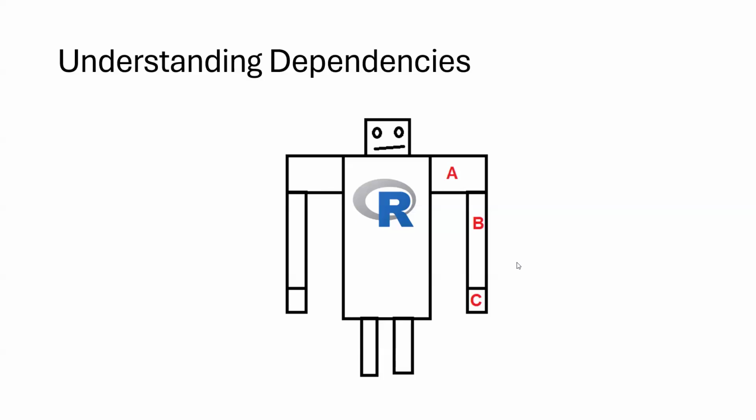So as it relates to our robot friend over here, for his hand to work, he needs to have an arm and shoulder. So when you're installing and downloading a package, say package C, and you see dependencies also being installed, packages A, packages B, or whatever they may be, the reason they're being installed is without them, package C wouldn't function because package C was written with a bit of package A and package B.